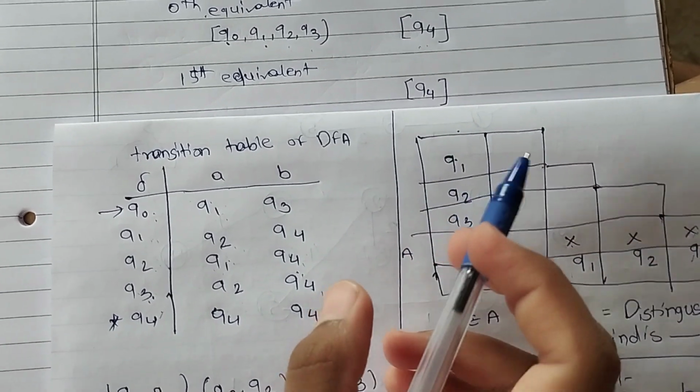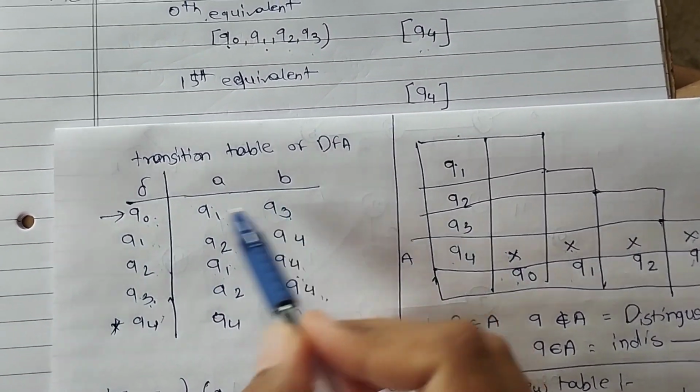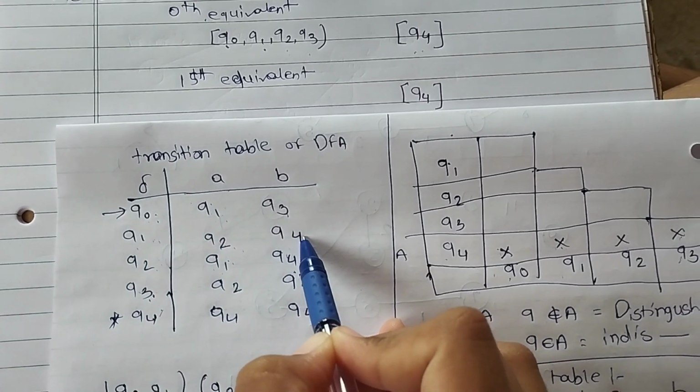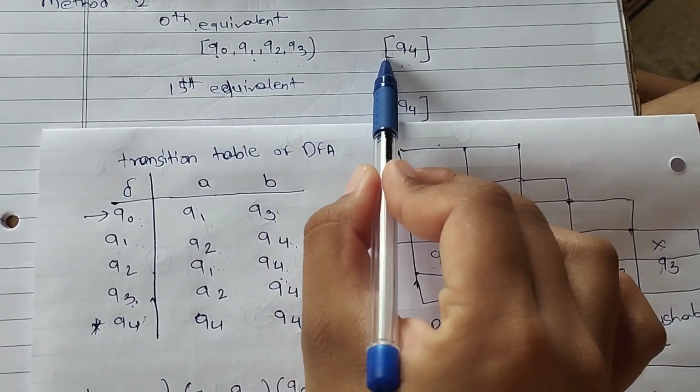But we check B also. So Q0 reads B in Q3, Q1 reads B in Q4. So Q3 and Q4 are not present in the same group.